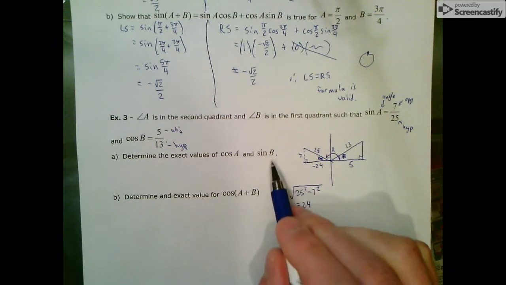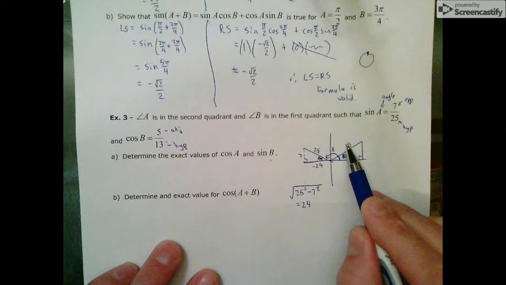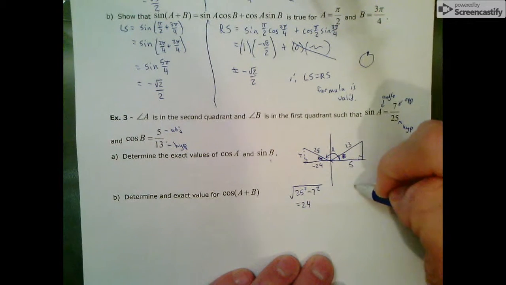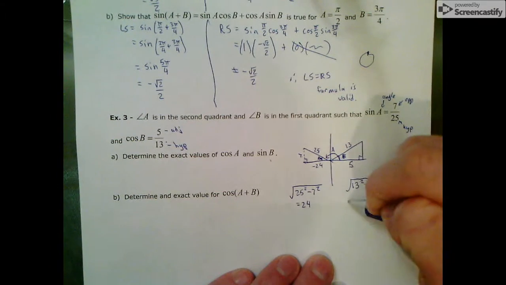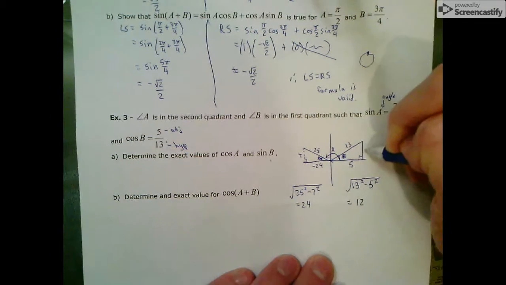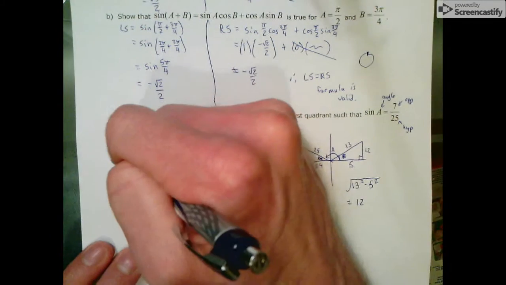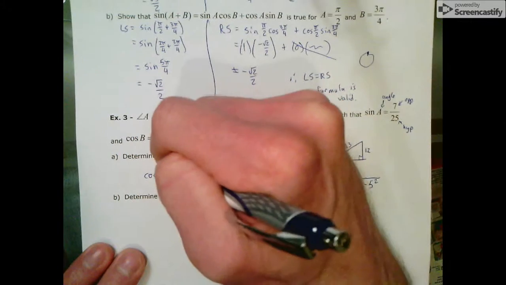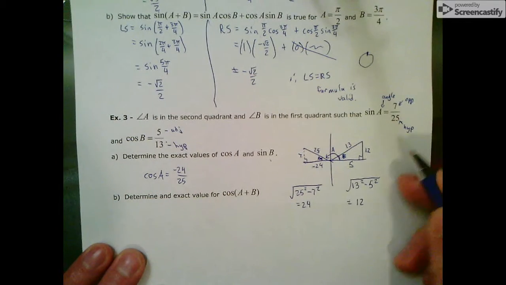And the sine of B, you can actually see the sine of B would be the opposite side over the hypotenuse. And so this opposite side, again, we can use Pythagorean theorem. So 13 squared minus 5 squared, all square rooted, results in a 12. So the length here is 12. So now that we have this information, the cos of A is going to be negative 24 over 25, because it's adjacent over hypotenuse.